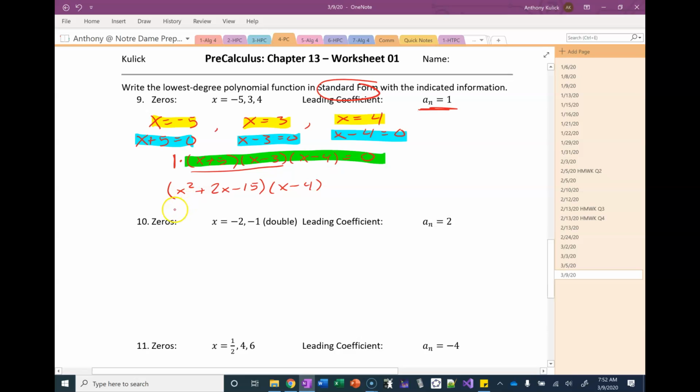So I'm going to do x squared times x squared, x squared times negative 4, 2x times x, 2x times negative 4, negative 15 times x, and negative 15 times negative 4. So my final answer then is x cubed minus 2x squared minus 23x plus 60.